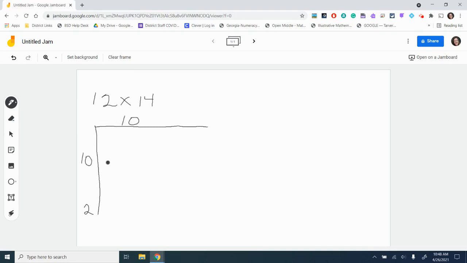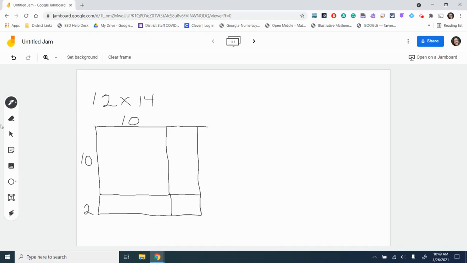So for example, 10 by 10, when I draw this out, this should be as close to a square as I can freehand. And then my 2 should obviously be significantly smaller than my 10. And then my 4 will be about double the size of my 2.